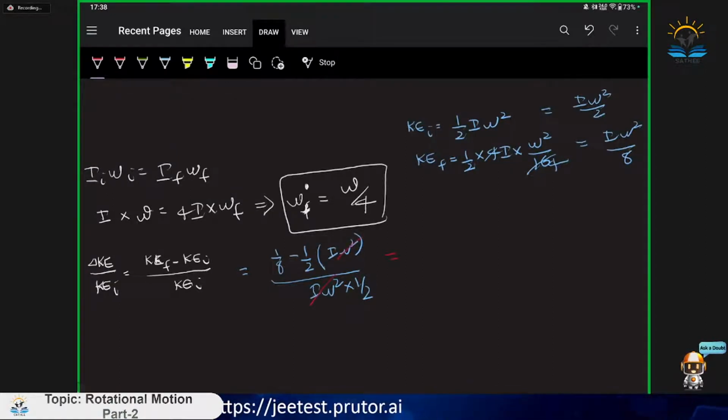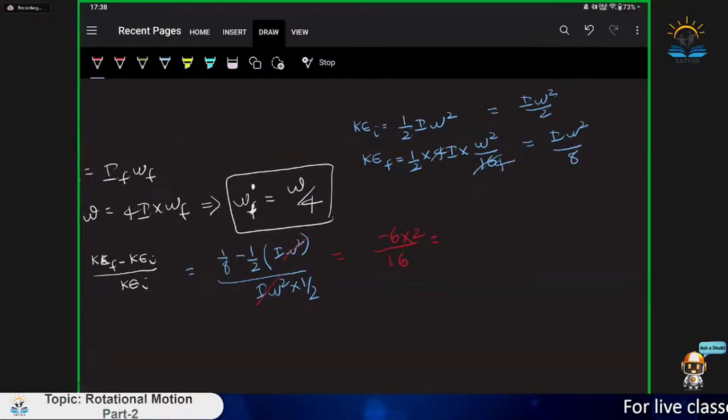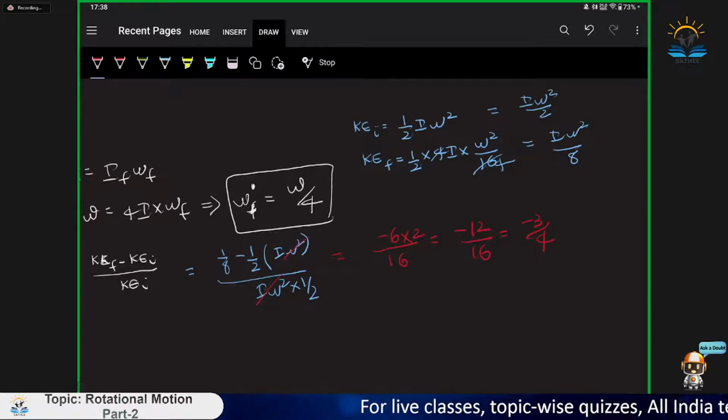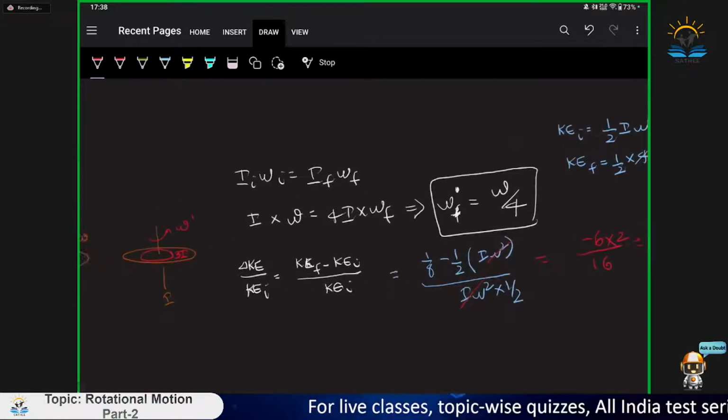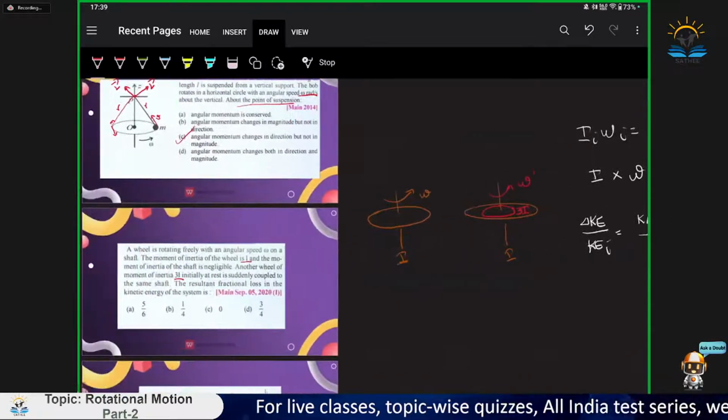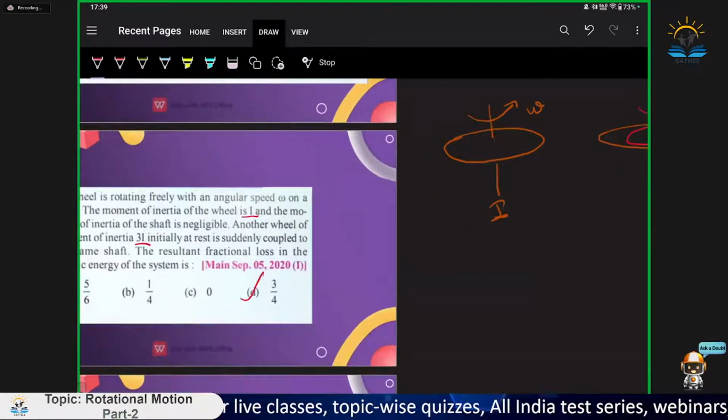So fractional loss will be 1 by 8 minus 1 by 2, that is 2 minus 8, minus 6 divided by 16 into 2, that is minus 12 upon 16, that is minus 3 by 4. Why minus? Because it is fractional loss in kinetic energy. Minus indicates loss in kinetic energy, and we got 3 by 4. So our answer will be option D, 3 by 4.